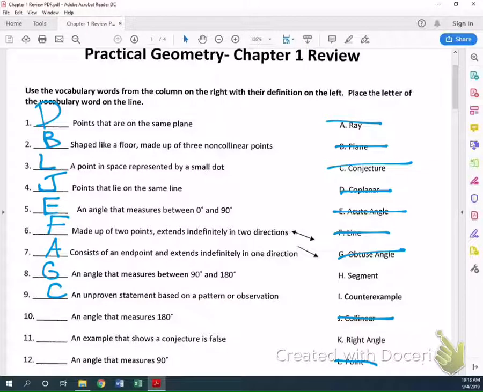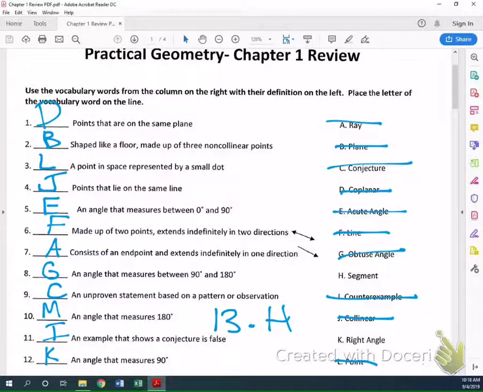Mine's M. Number 11, an example that shows a conjecture is false. Counterexample, I. If an angle is 90 degrees, what do we call it? Right angle, K. And then number 13 is H.